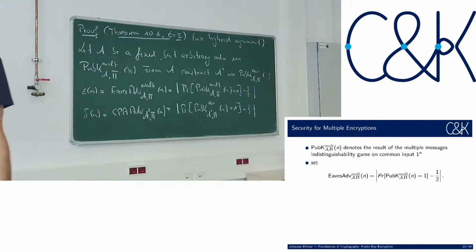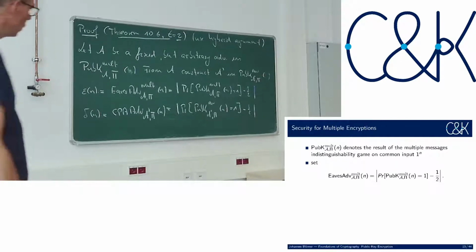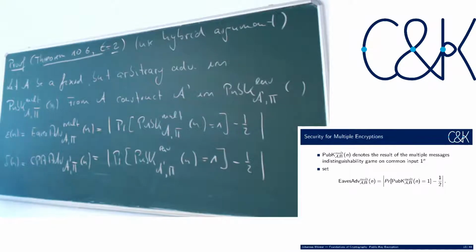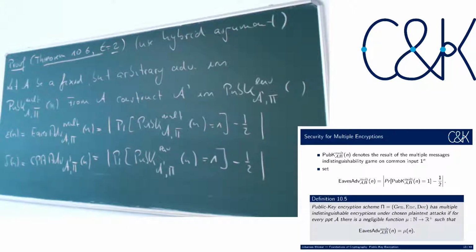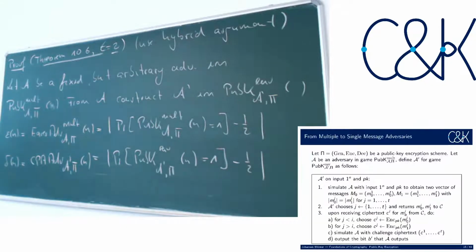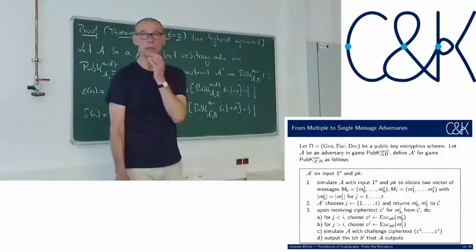Okay. Now let's first look at this A prime on the slides. And so here it is. And remember, I only talk about the case where t is equal to 2.